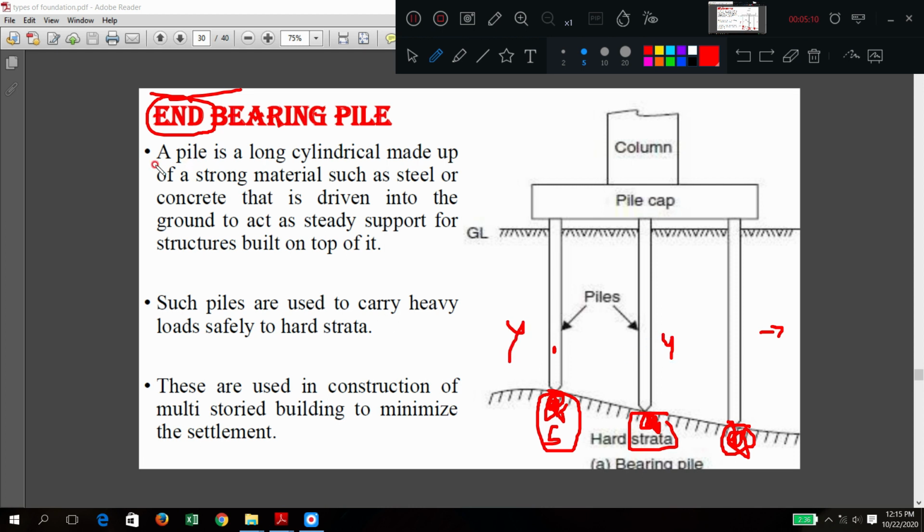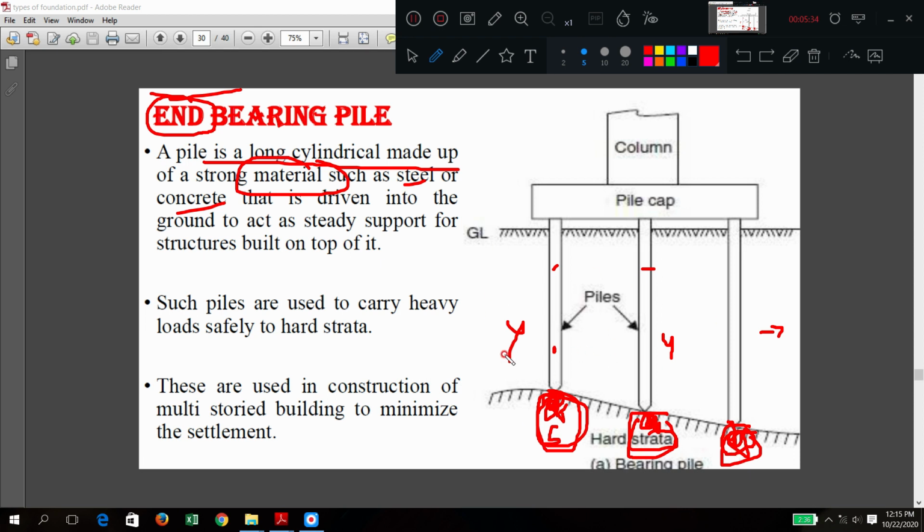So an end bearing pile is a long cylinder made of strong material, steel or concrete. They are driven inside the ground until they reach the strong or hard strata, which will carry the load safely.